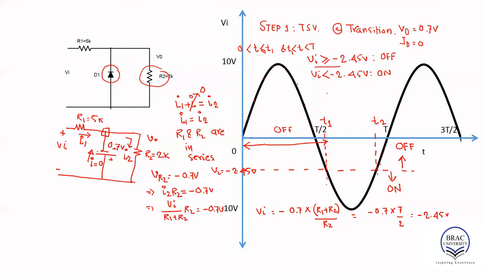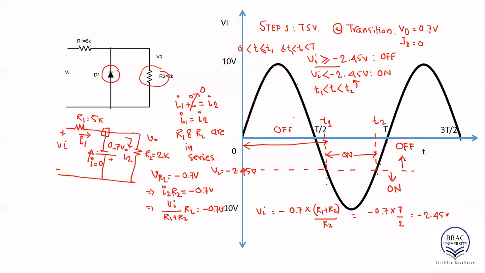On the other hand, between T1 and T2, that is, t greater than T1 and less than T2, the diode is on.